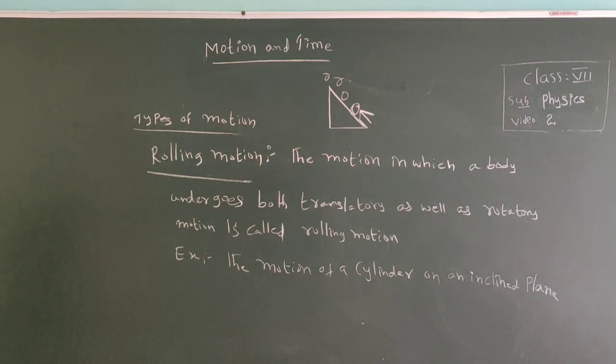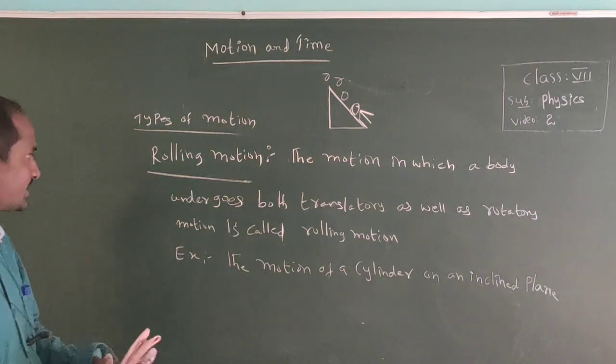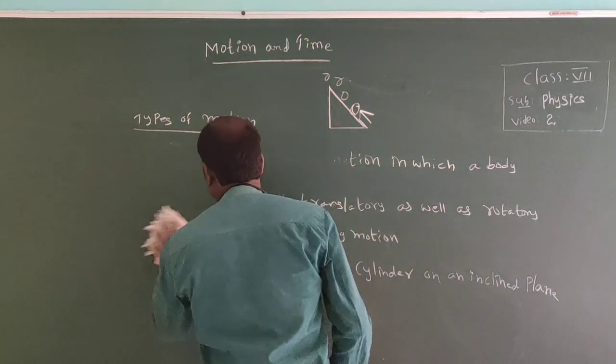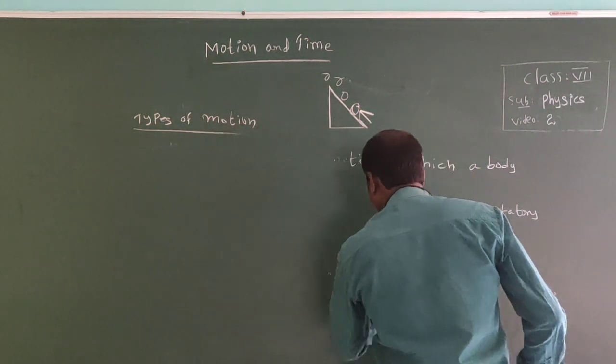The motion which repeats itself at regular intervals of time is called a periodic motion. Periodic motion means the action repeats at a particular interval of time.